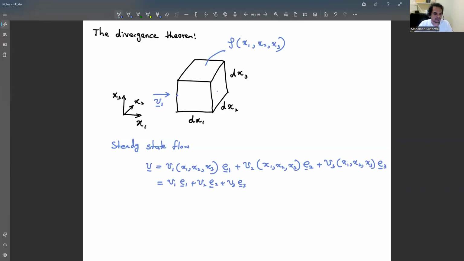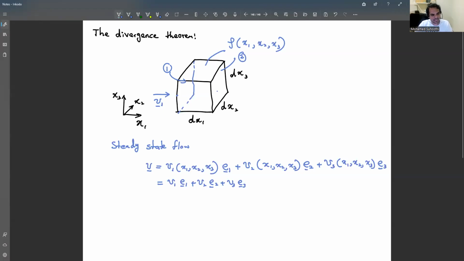To make it understandable, let's say the face in this direction is face 1, and this is face 2.